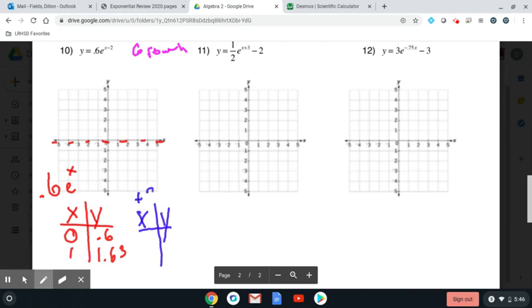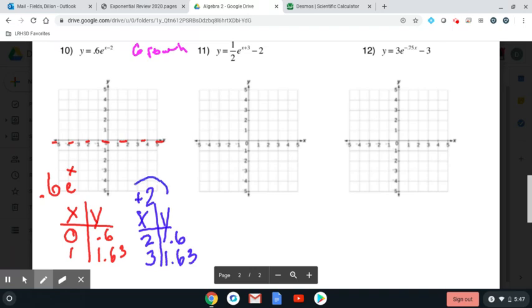So that tells us that we're actually going to move our graph to the right 2. So that means that I'm going to add 2 to all of my existing x values. So the 0 is now going to become a 2, and the 1 is now going to become a 3. But my y values are going to stay the same exact thing. They're not going to change. So I still have a 0.6 and I have a 1.63.